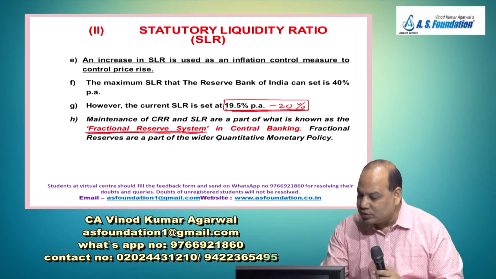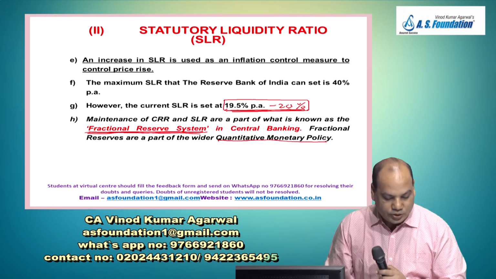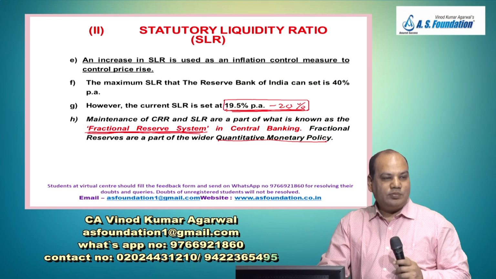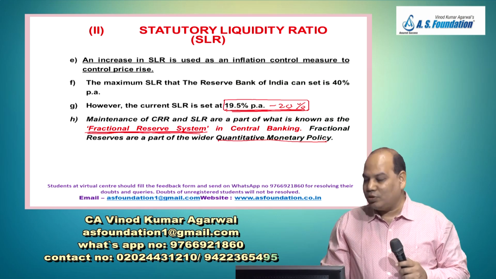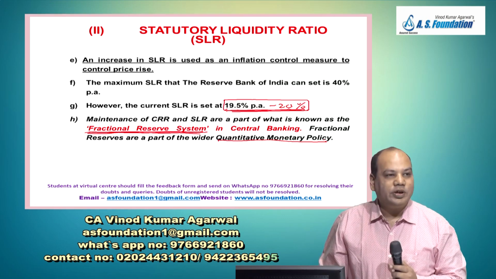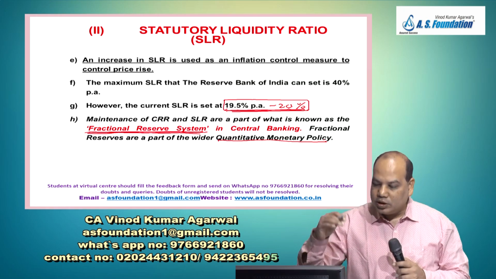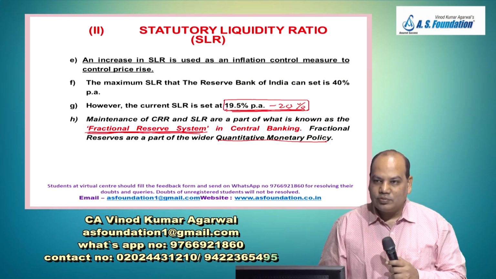Again underline this word, quantitative monetary policy. So in some question you will come across today that CRR is a quantitative monetary policy tool. True or false? True. SLR is a quantitative monetary policy tool. True, because you are increasing or decreasing the rates.